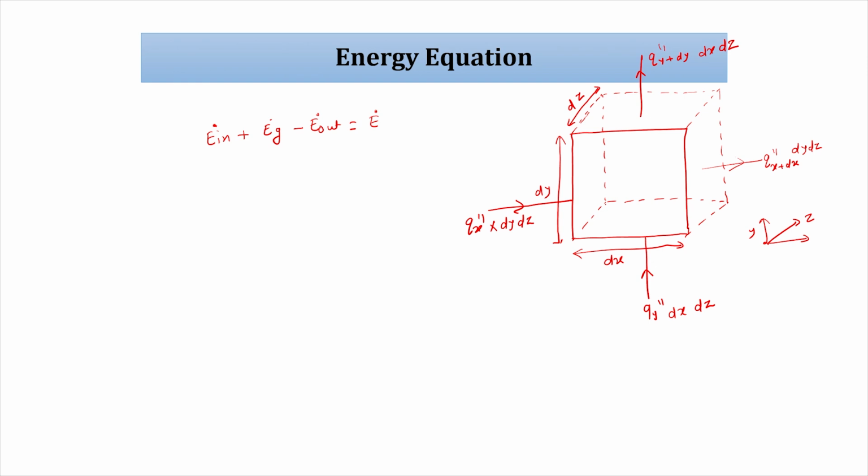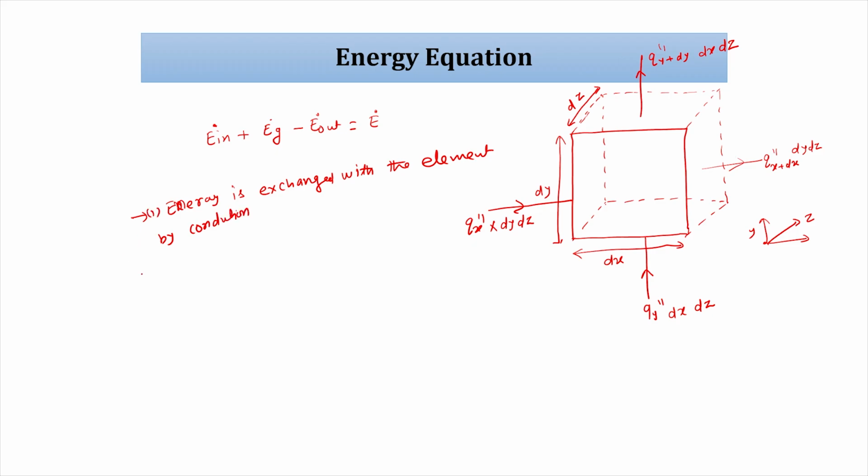There will be q z plus dz double dash into dx into dy, isn't it? So, q in equals the energy exchanged with the element by conduction first.